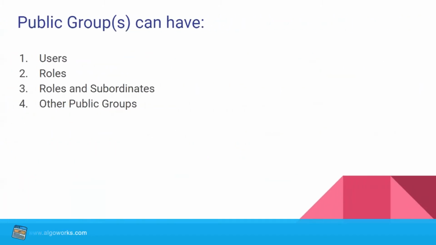Now, what can we have inside a public group? Public groups can have users, roles and subordinates, and other public groups as well. So we can have multiple public groups in one public group.